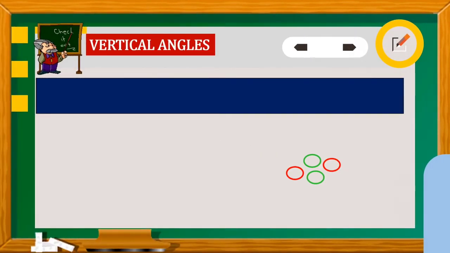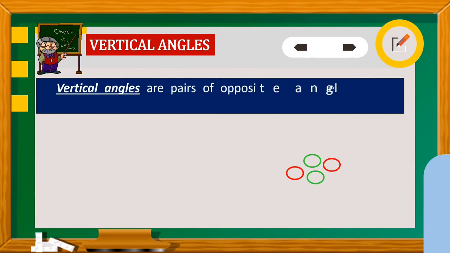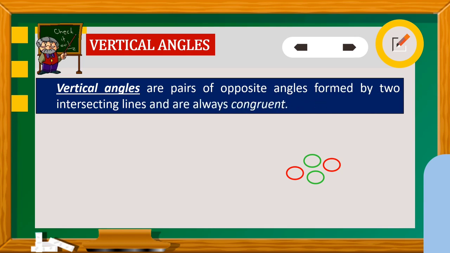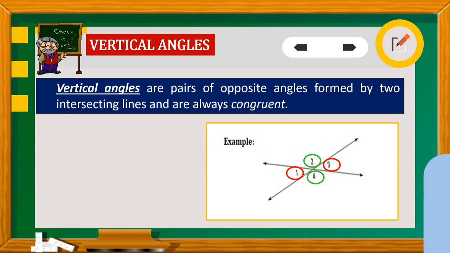Vertical angles. These are pairs of opposite angles formed by two intersecting lines and are always congruent. Example, we have here two intersecting lines.